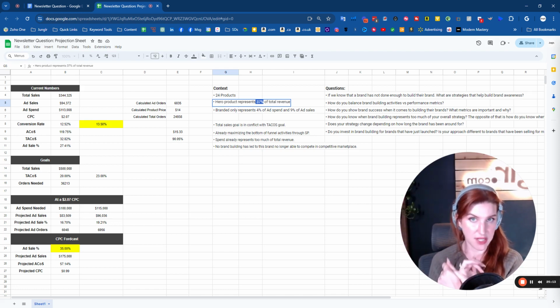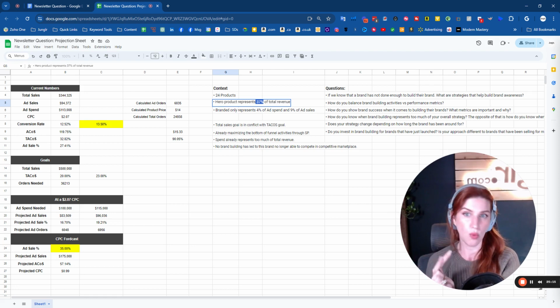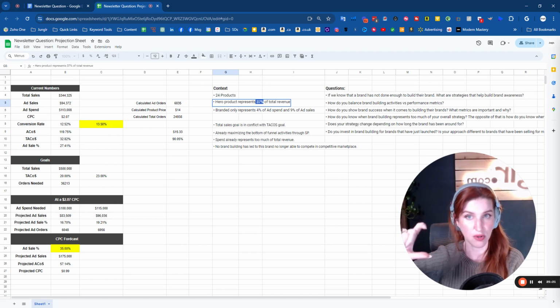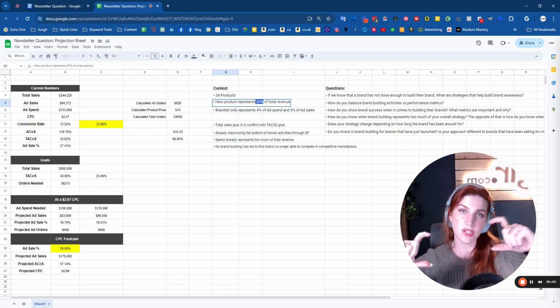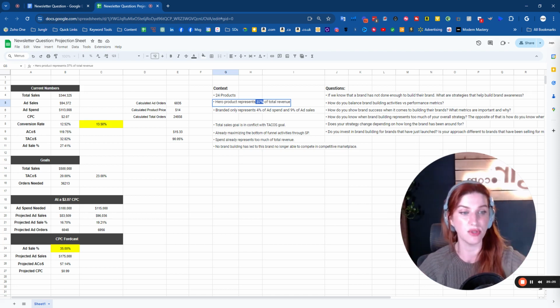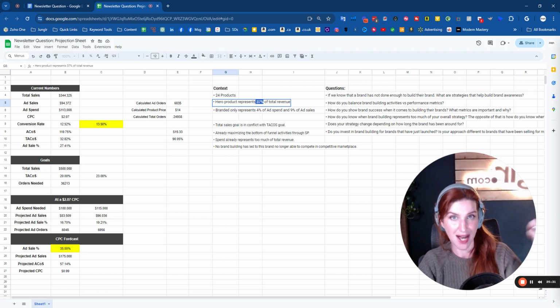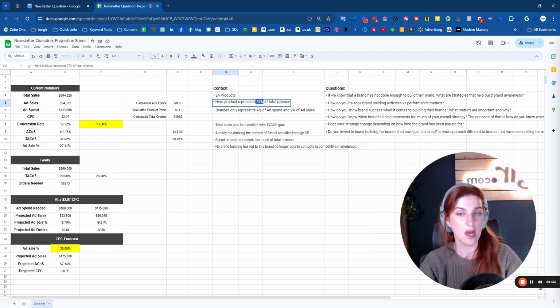So definitely the 37% one, right? But how is that second product doing? How is that third product doing? What are they doing in contribution to the total sales? And also, what are they doing right now in contribution to total spend? And is my ACoS, total ACoS ad sale percentage high or low on these products?